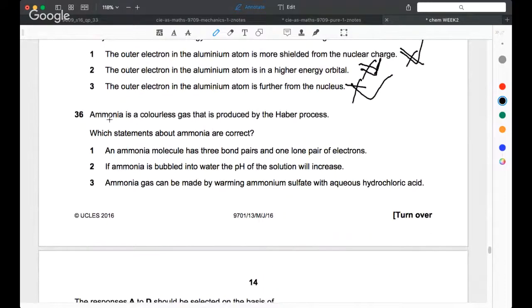Okay, 36. I'm going to use the colorless gas produced. That's correct.